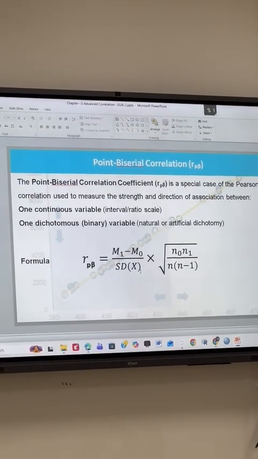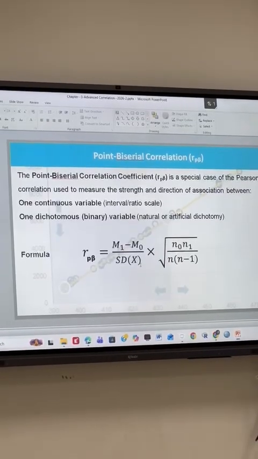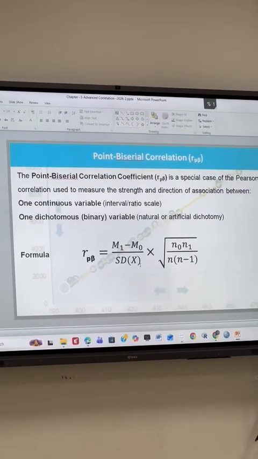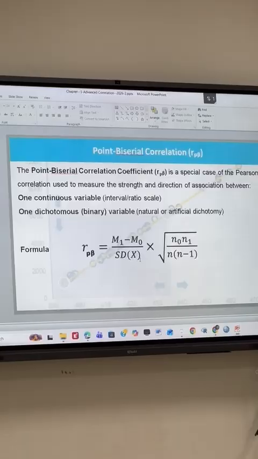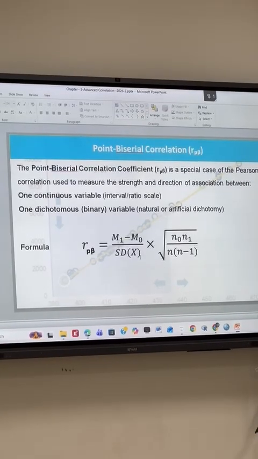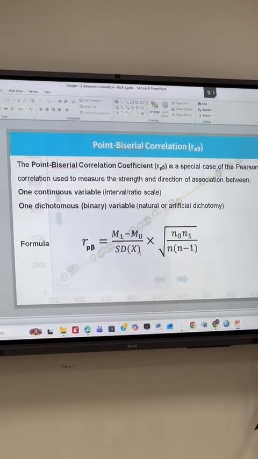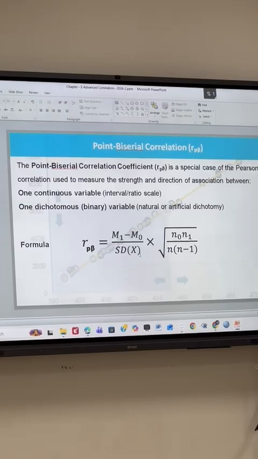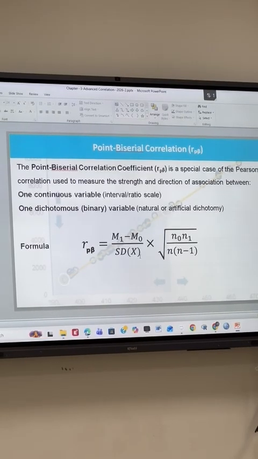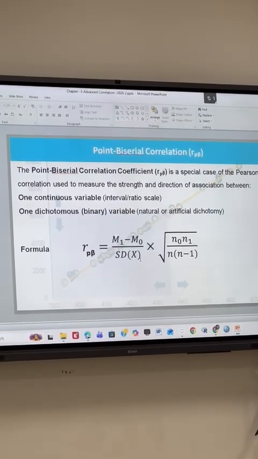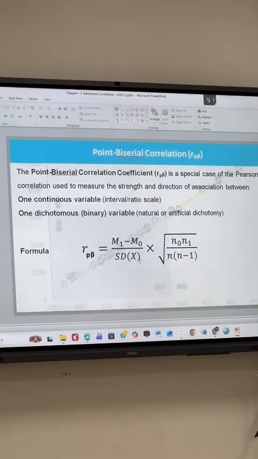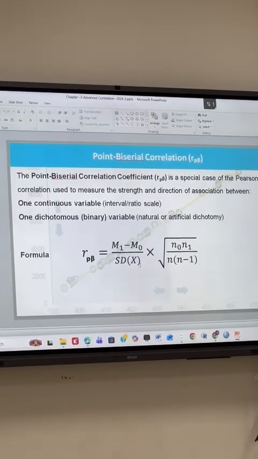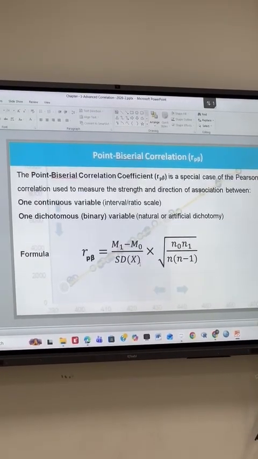Pearson correlation, Spearman correlation, Kendall-Tau correlation, point biserial correlation. The point biserial correlation measures the strength of the relationship between one continuous variable and one binary variable. Clear?